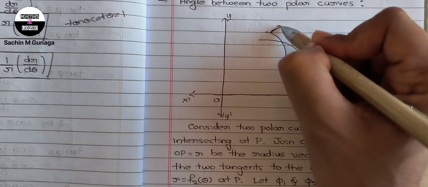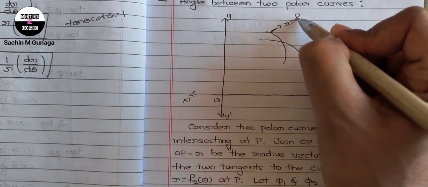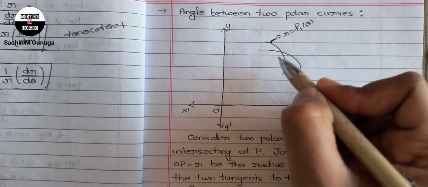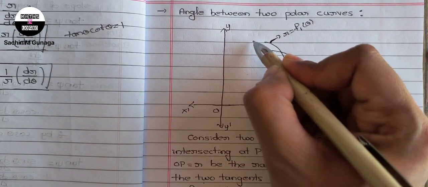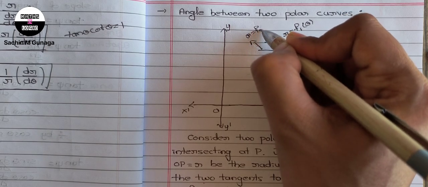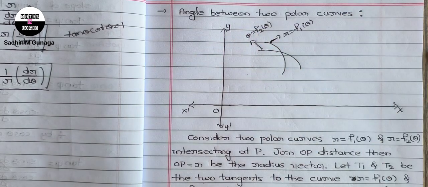So this is r = f1(theta) and this is r = f2(theta).